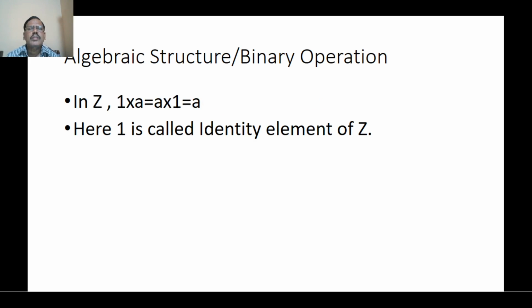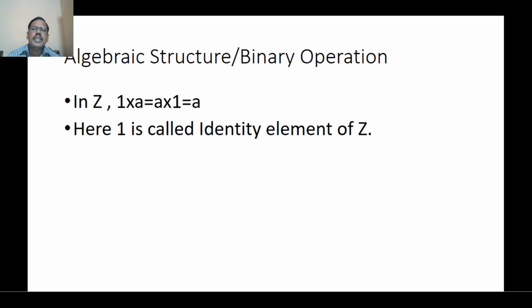One can observe another peculiar element, 1. 1 into A, if you multiply any number by 1, we get the number itself. 1 into 10 is 10, 1 into 20 is 20, 1 into 0 is 0, 1 into 5 is 5. 1 into half is equal to half, 1 into 3 by 2 is equal to 3 by 2.